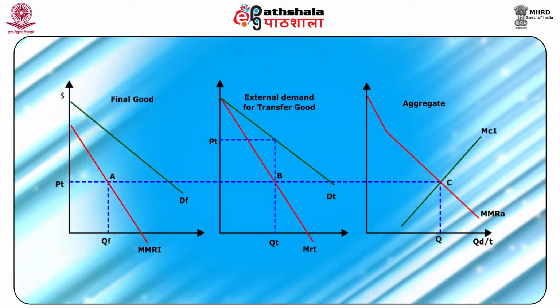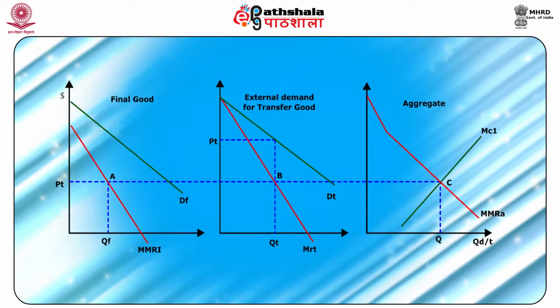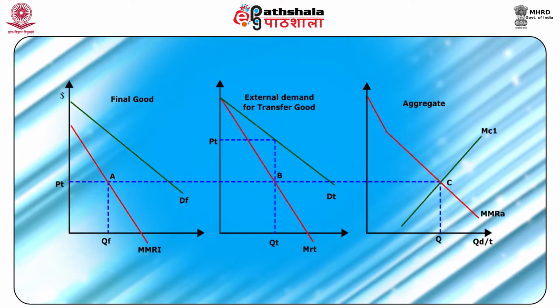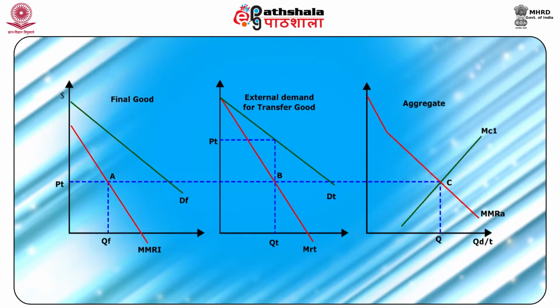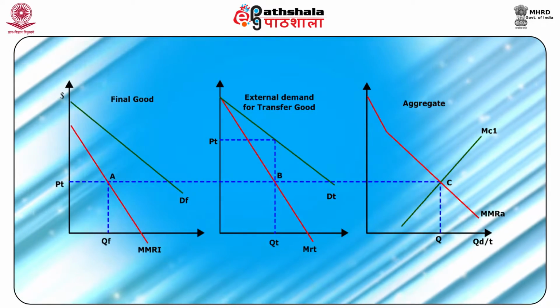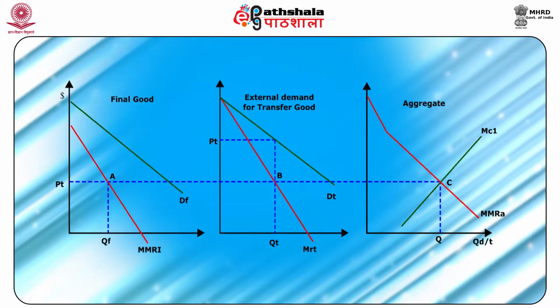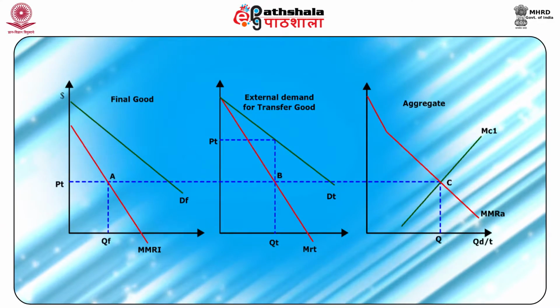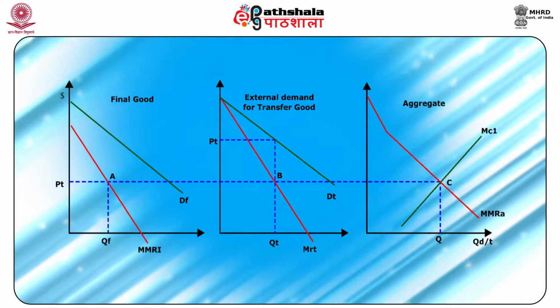Both the demand curves, for the final good and for the external demand for the transferred good, are downward sloping, and below that we have the marginal revenue curves, both of which are in red and are downward sloping.